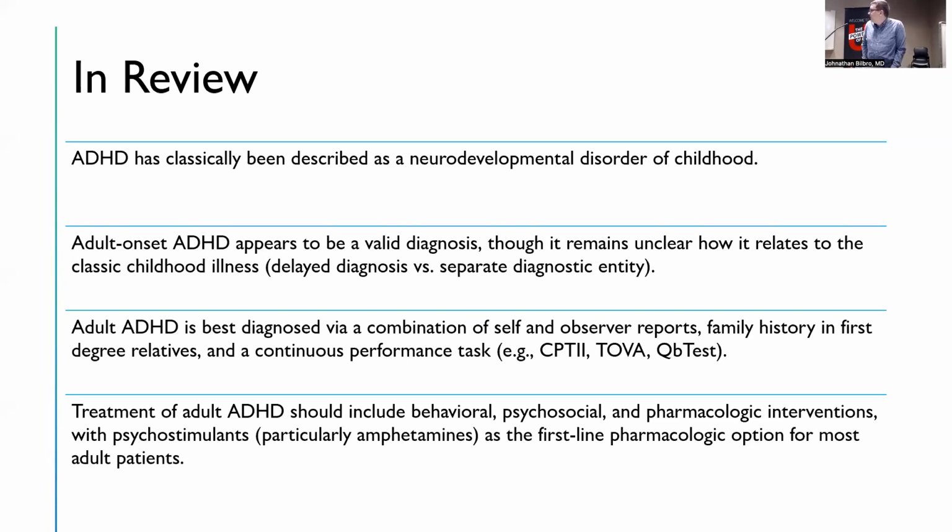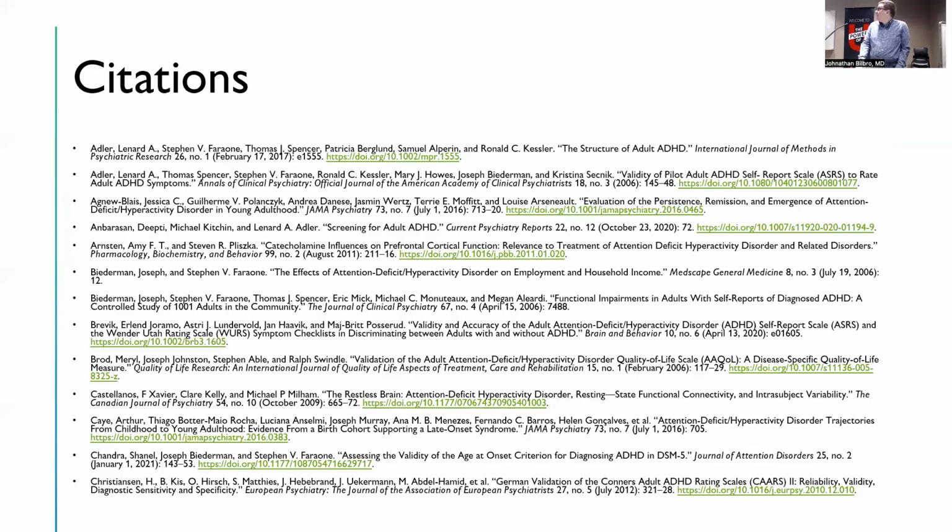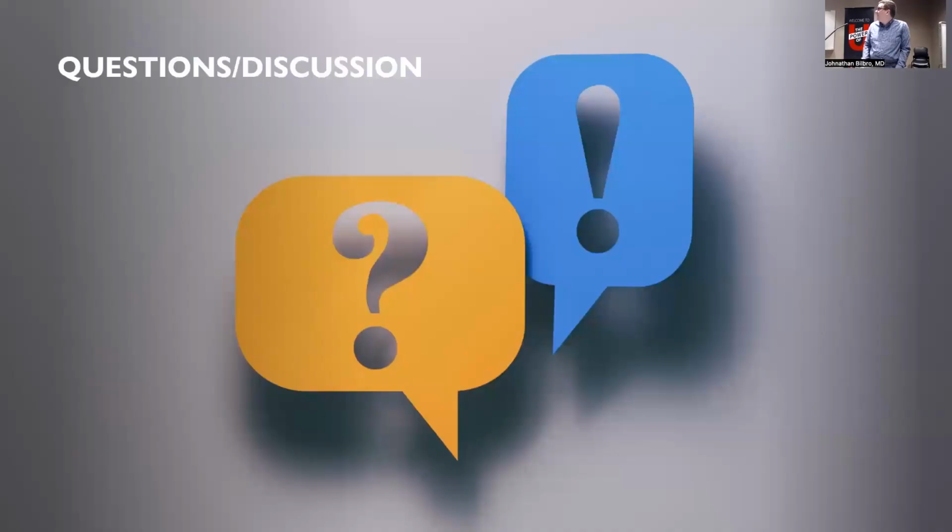And then treatment should include behavioral, psychosocial, and pharmacologic interventions, with psychostimulants and particularly amphetamines as the first line option for most adult patients. And some citations there. And yeah, any questions or thoughts?